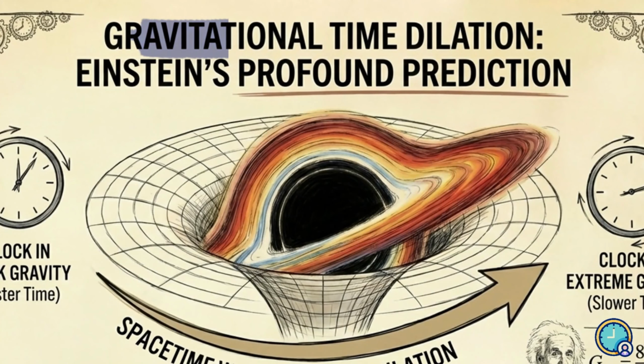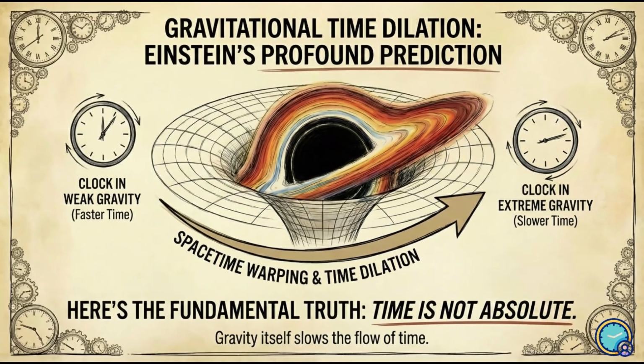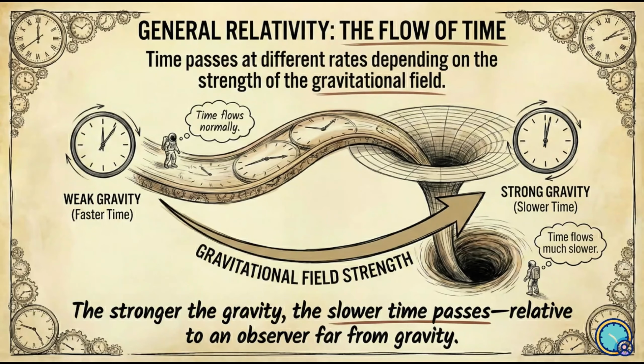This is gravitational time dilation, and it's one of the most profound predictions Einstein ever made. Here's the fundamental truth. Time is not absolute. Time is not some universal constant that flows the same everywhere. According to General Relativity, time passes at different rates depending on the strength of the gravitational field.